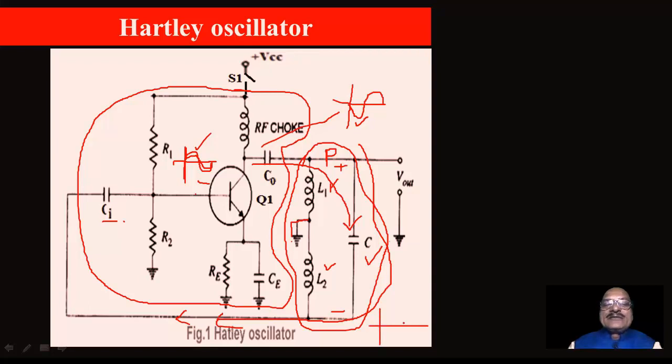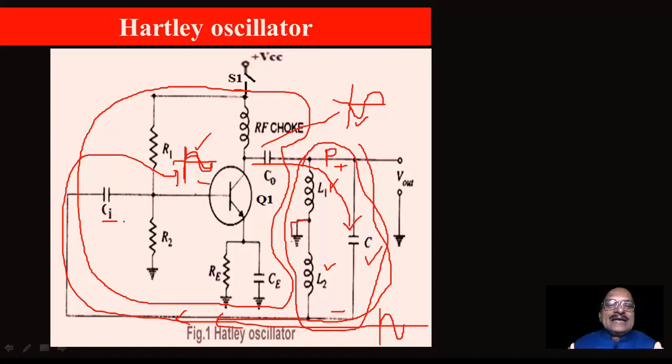It will again be a 180 degree phase difference. So it again goes here like this. See now, this voltage and this voltage are in phase. So there is a positive feedback, and that condition is satisfied.